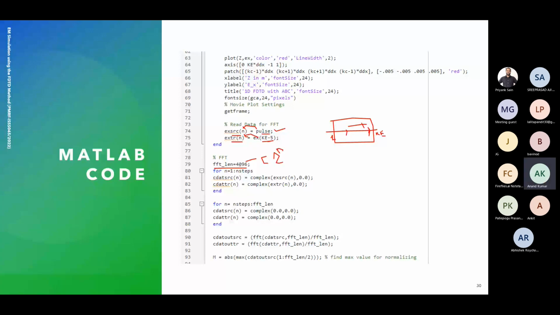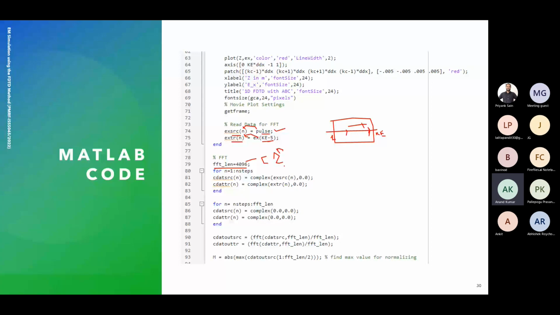This is necessary for the FFT, so that the data is split into halves, and similarly the halves are split into halves, and then the algorithm performs its magic, and we get the frequency domain data. So make sure this is of the order of 2 to the power n.